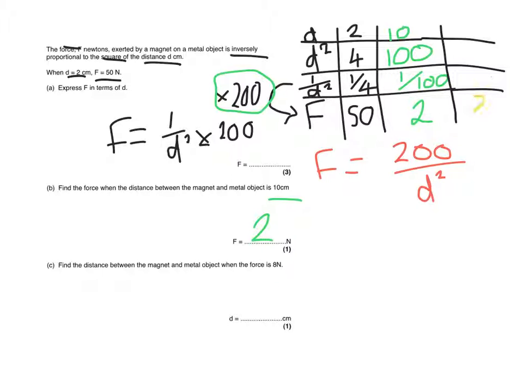So the force is 8, which means that I have to divide by 200 backwards. 8 divided by 200. So I'm going to simplify that to 4 over 100, and I'll leave that here.